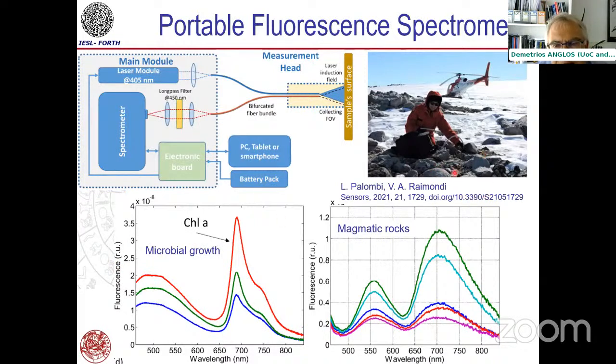In other clean rocks, there's emission from the rock minerals, and many other things can be done this way. Obviously, with the Raman system, one can see other things, but fluorescence is a very sensitive technique and quite often provides critical information in a straightforward and fast and easy way.